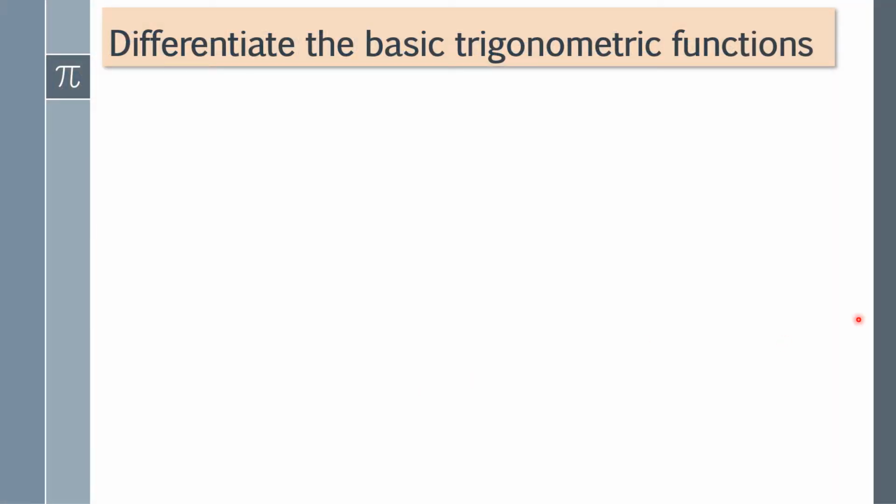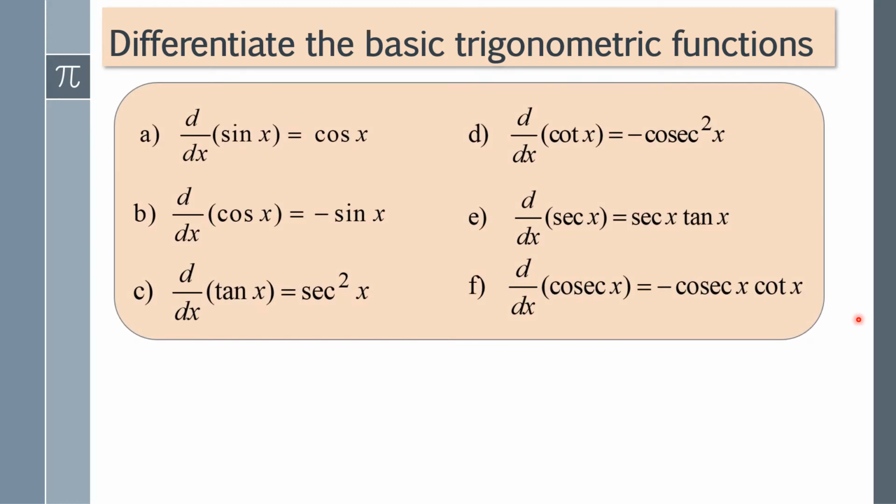Differentiate the basic trigonometric function. A, d/dx sin x equals cos x. B, d/dx cos x equals negative sin x. C, d/dx tangent x equals secant squared x. D, d/dx cot x equals negative cosec squared x.